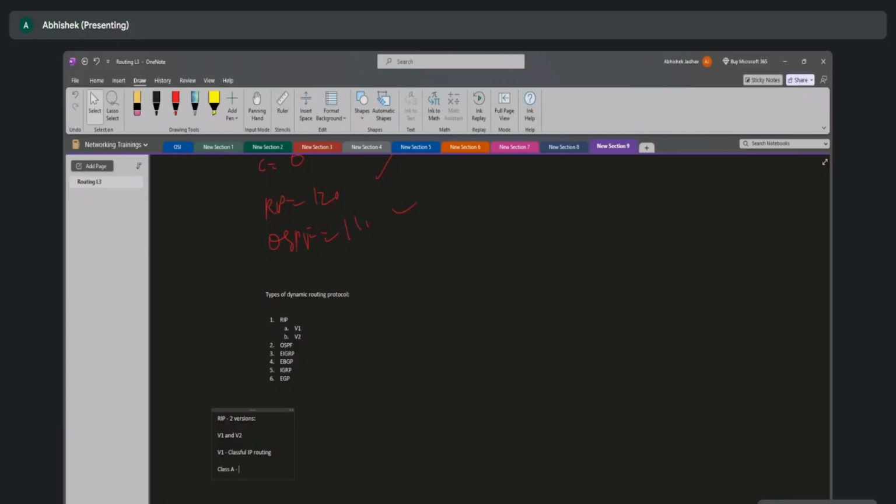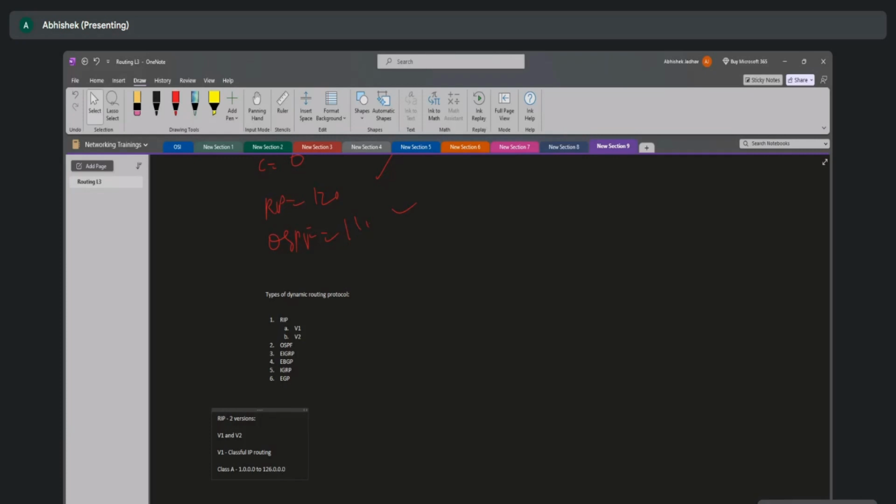So you cannot configure subnets. It's going to use classful IPs. Classful IPs is nothing but from 1.0.0.0 to 126.0.0.0.